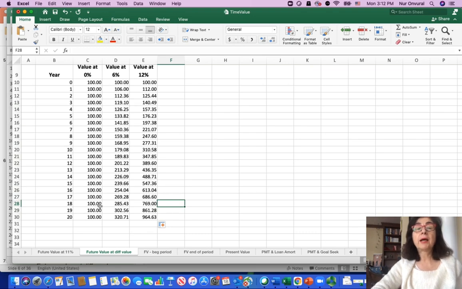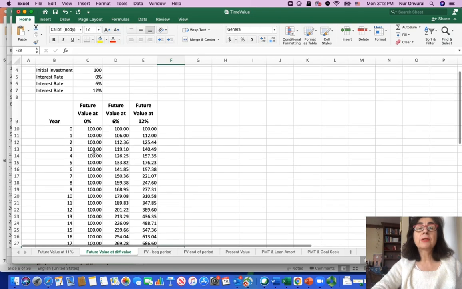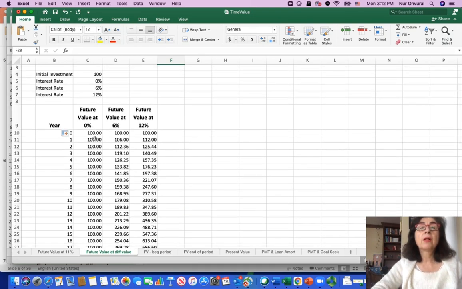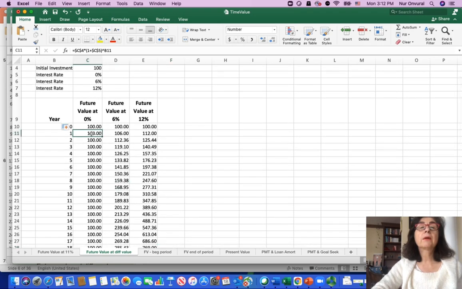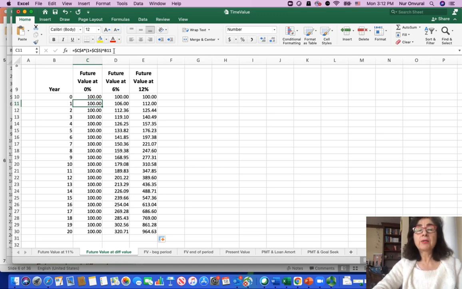And as you can see, if the interest rate is 0, then the value is staying the same because it's really not earning any additional interest income, and it stays as 0 for us because the power of 1 raised to any power is always equal to 1.